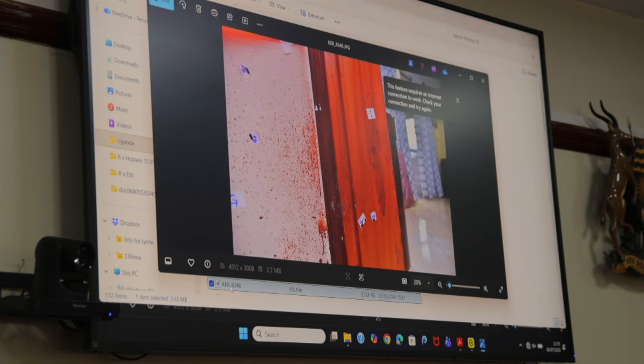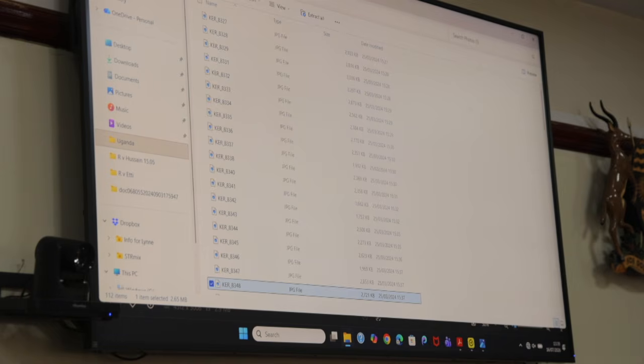I can show you more if you want. Those photos were taken on the 25th of March, 2025.